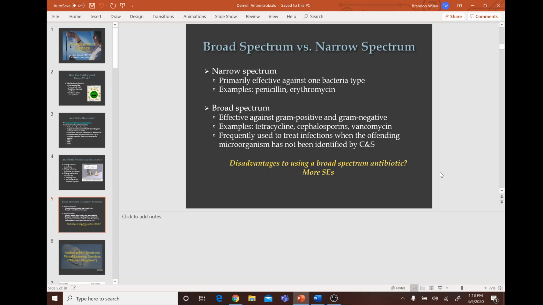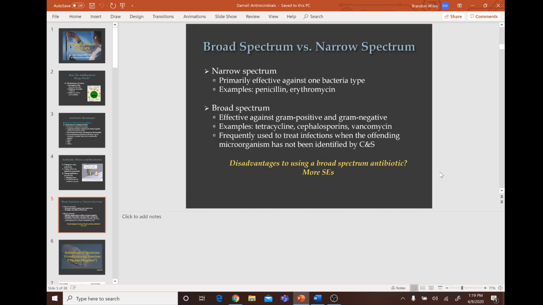Alright, give me some examples of narrow spectrum drugs. Penicillin and erythromycin. What are narrow spectrum drugs used for? They're used primarily for one bacteria type.